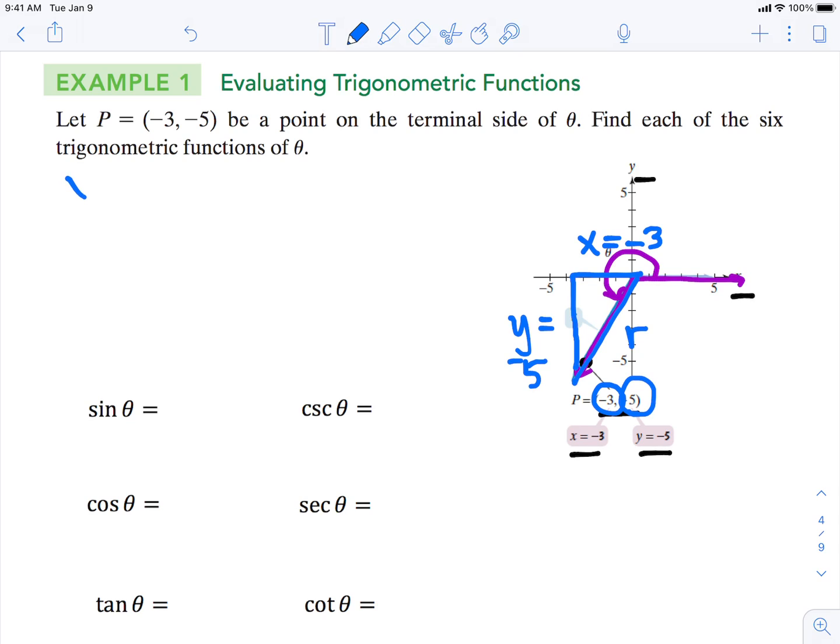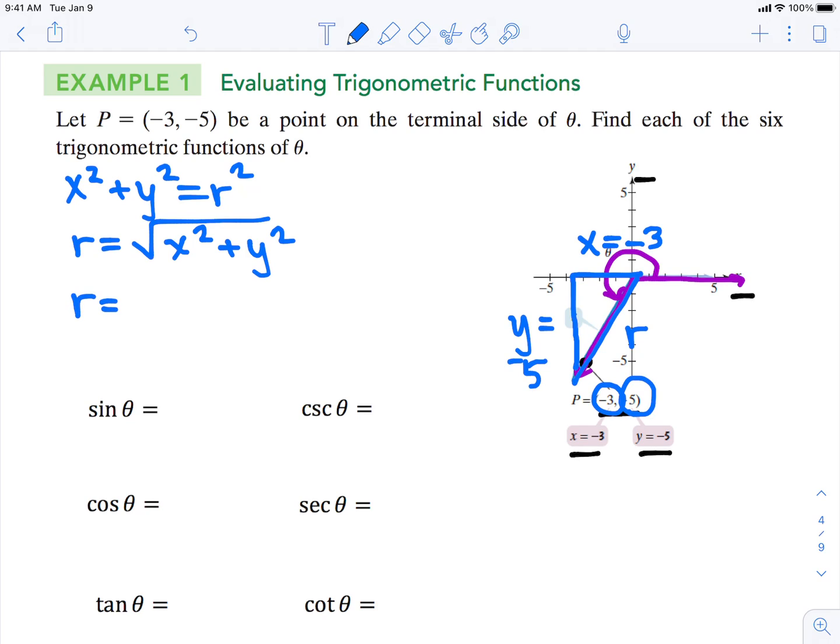This is not the unit circle, so the radius is not 1. So we need to use that equation, x squared plus y squared equals r squared. So we're going to solve that for r by undoing it. So we're left with that as our r. Now we're going to substitute the x and y into that equation. The x was -3, so it's going to be -3 all squared.